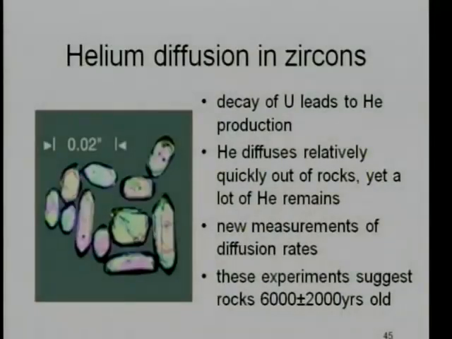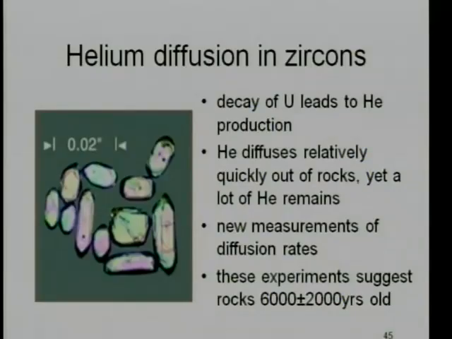There's another bit of evidence that supports this interpretation as well. One of the things that's produced when certain elements decay is helium. And the helium is left there in the rock, but over time that can diffuse out of the rock.